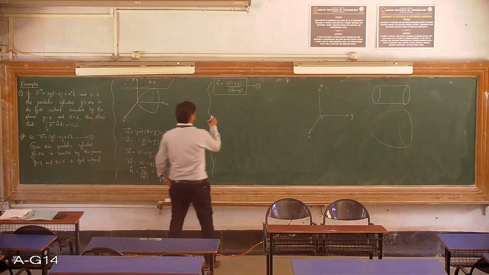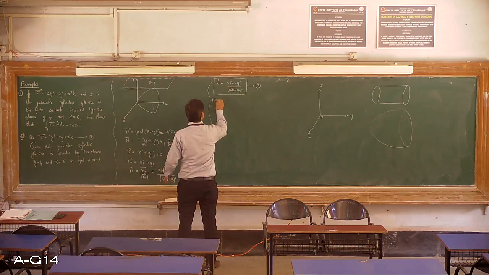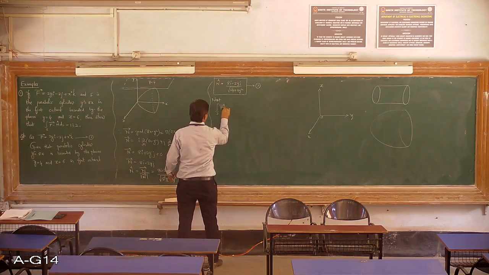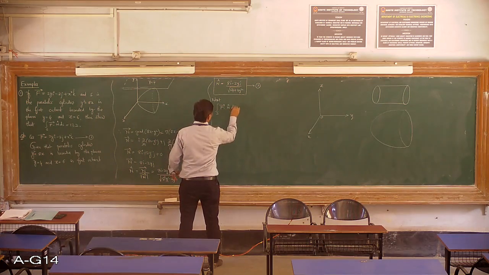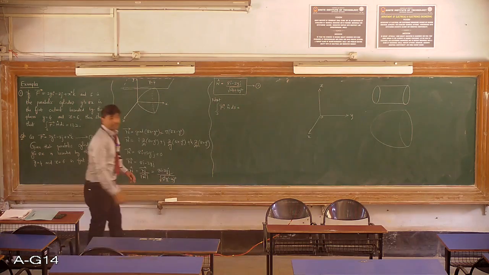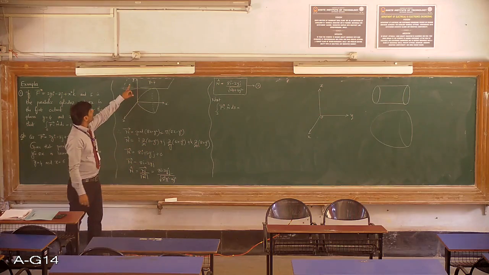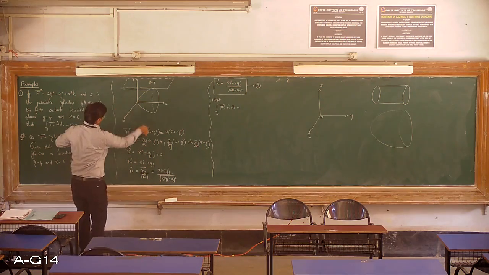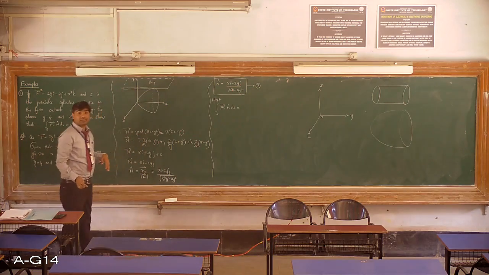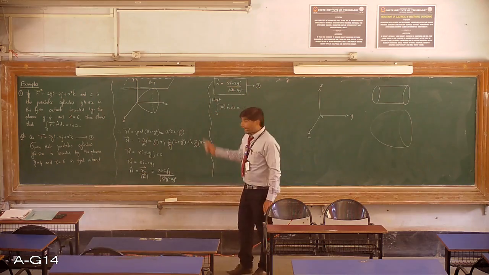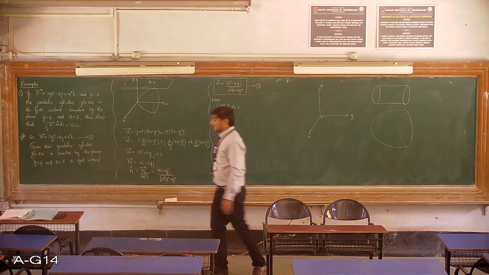So the integration over the surface S of f dot n cap dS, I'll project on the yz plane. That will be best for me, because y is bounded here, y equals 4, and z is also bounded, z equals 6. Therefore I'll be projecting it on the yz plane.